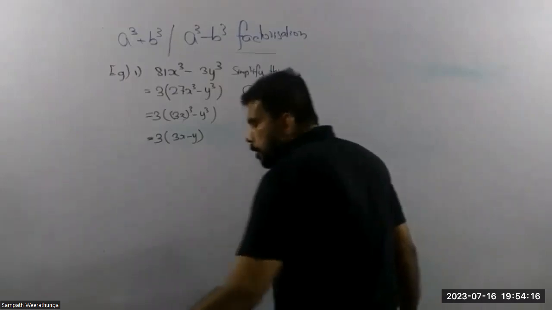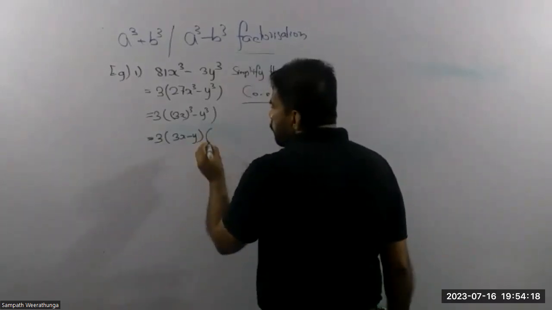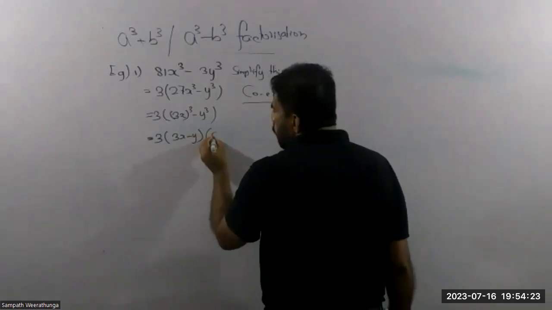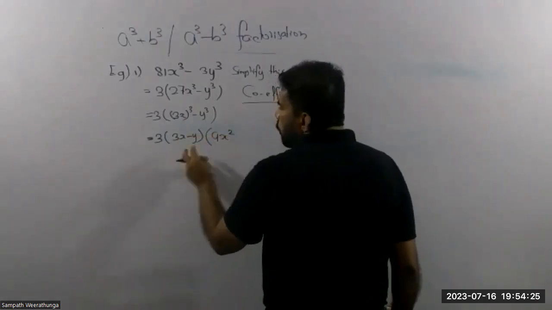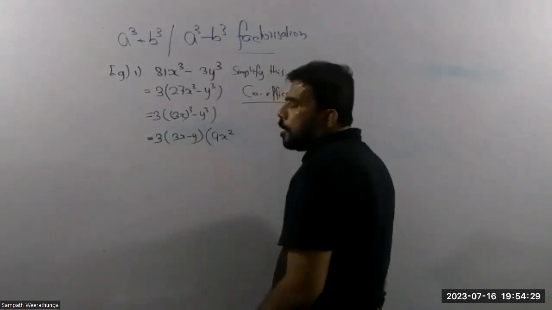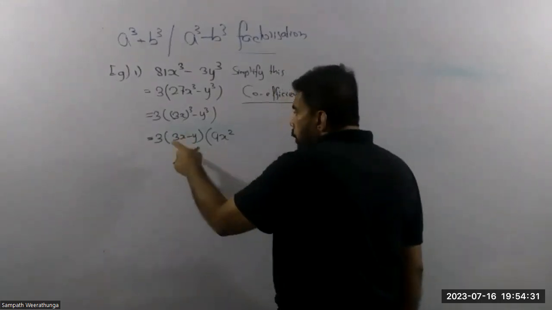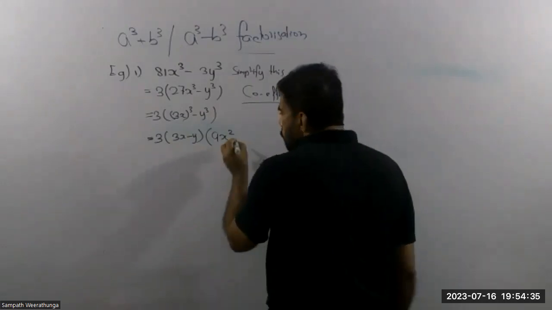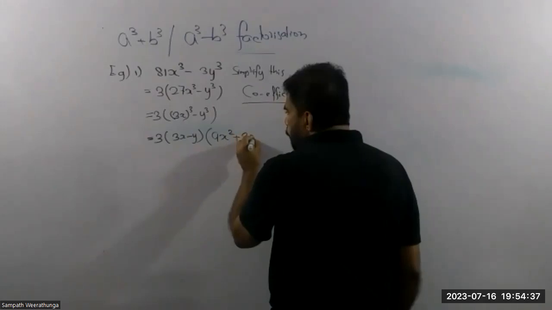Then what we learned is the square of this, that is 9x squared. Then the negative of this multiplication, that is 3xy. The multiplication is negative 3xy, so the negative of negative 3xy is positive 3xy.